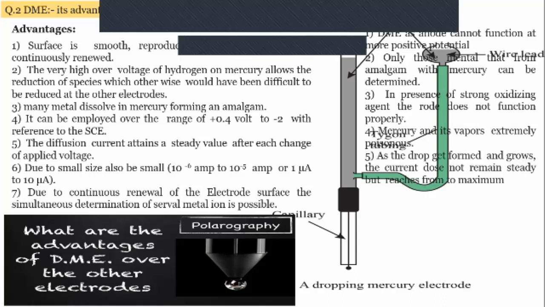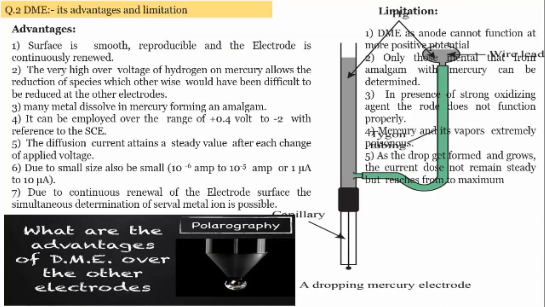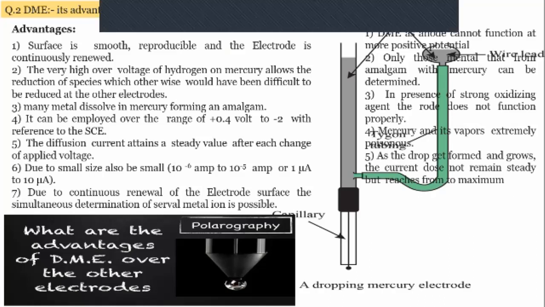As the drop gets formed and grows, the current does not remain steady but reaches a maximum. Then next, the purification of mercury is essential, and mercury is a costly one.